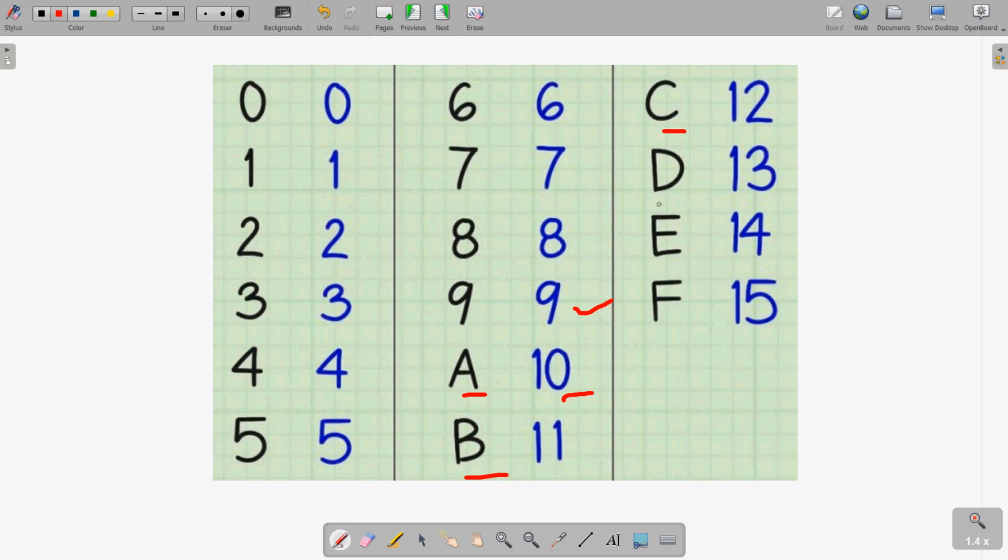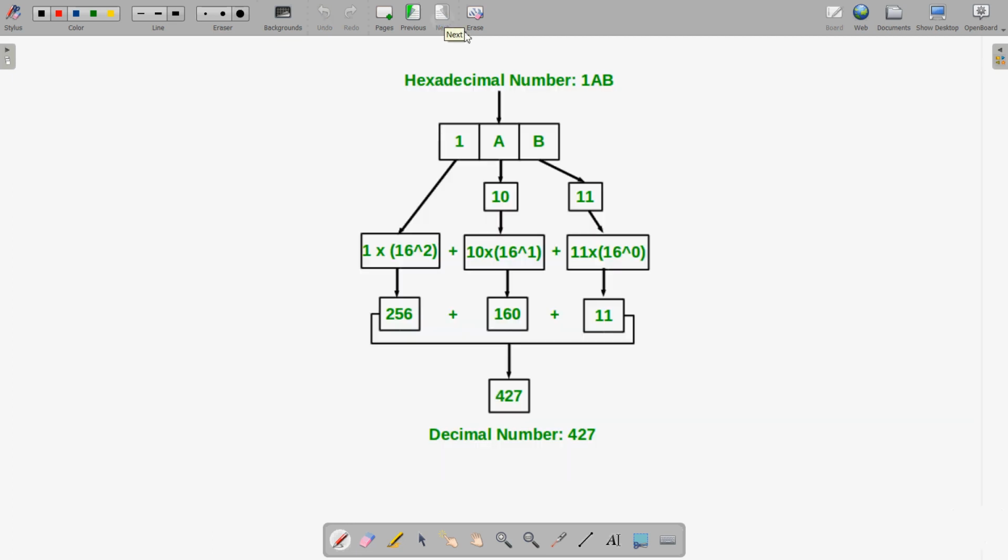So this we have seen already in the book also, in the form of a table. So here you can see the different symbols which are used for denoting the numbers greater than 9. Clear? From 10 onwards we are using A, B, C, D, E and F.